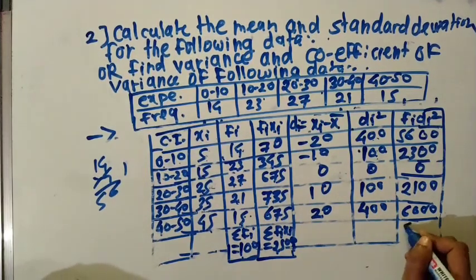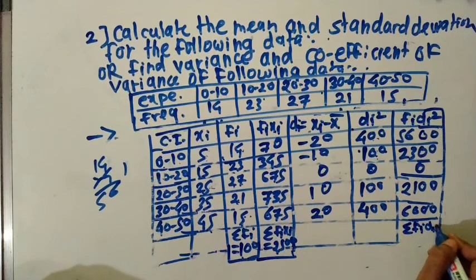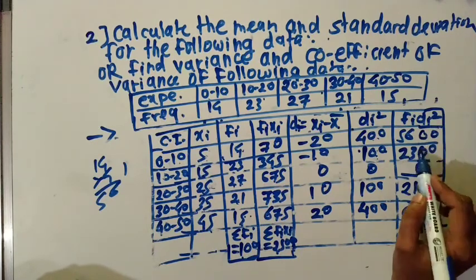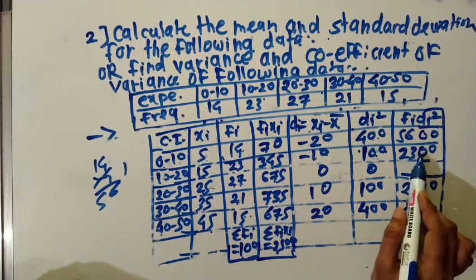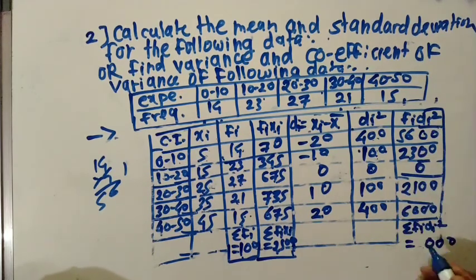Then find out summation of fi di square. All this summation is 16,000.